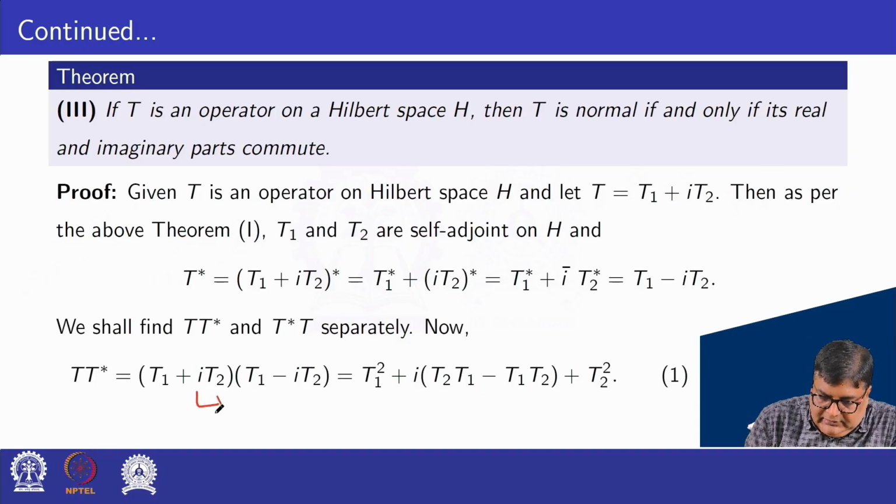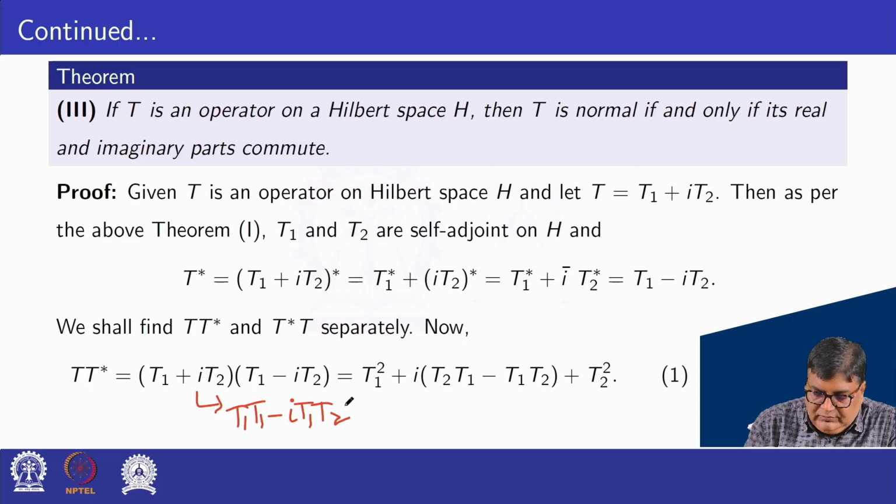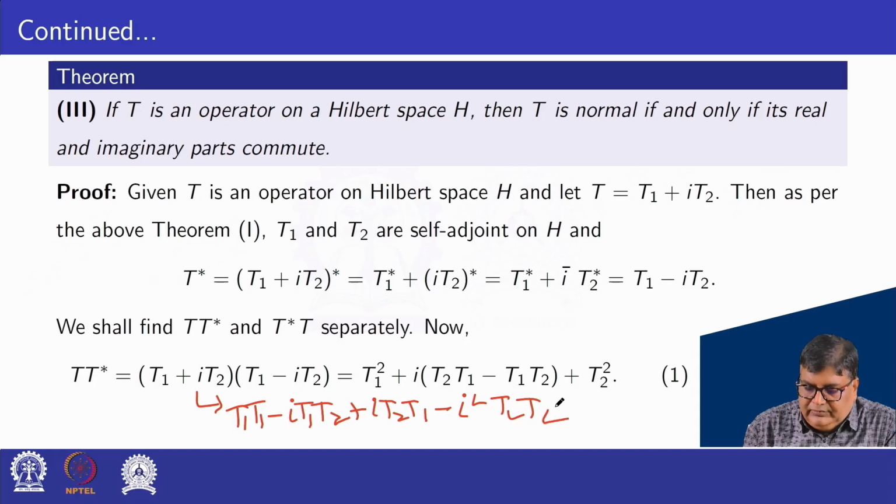Because this can be written as T1 T1 minus i T1 T2 plus i T2 T1 minus i square T2 T2.